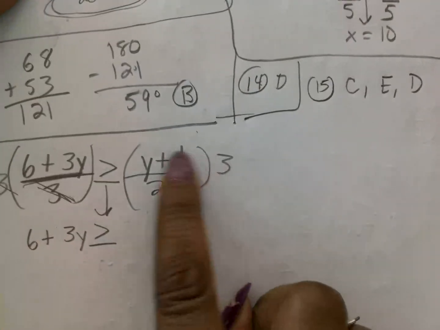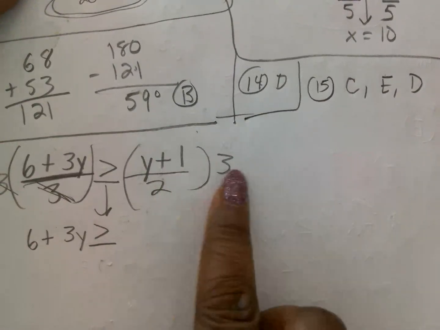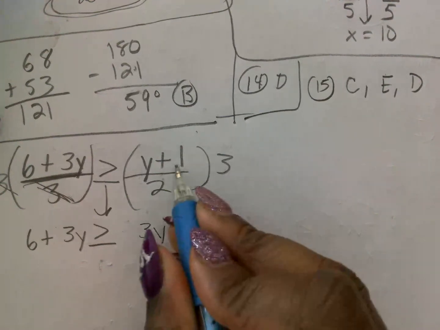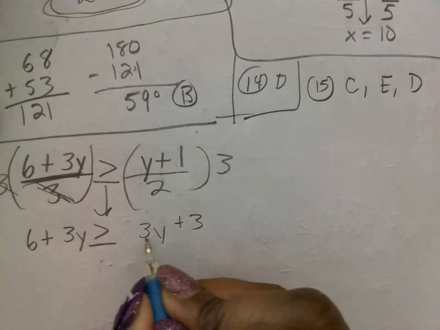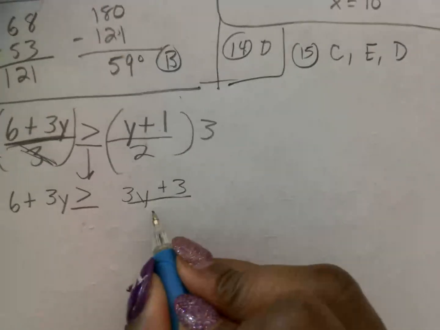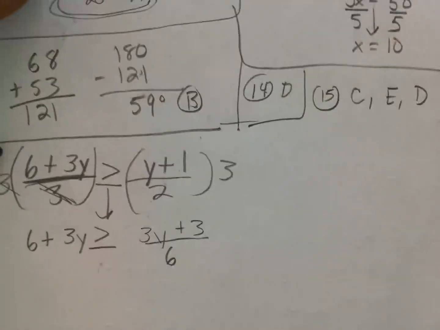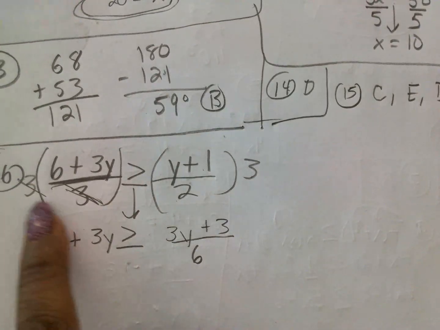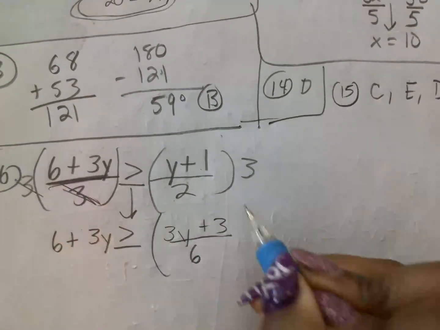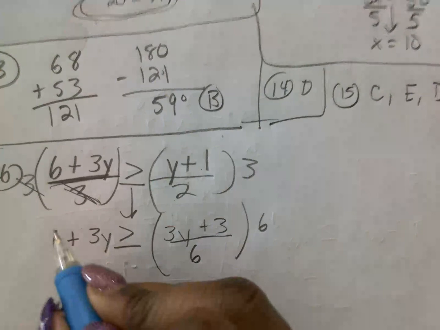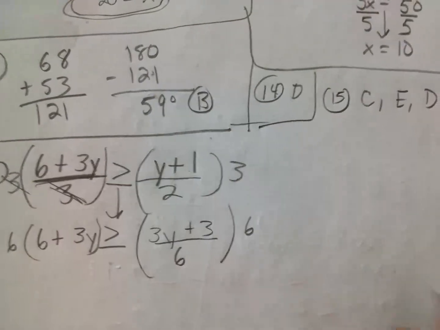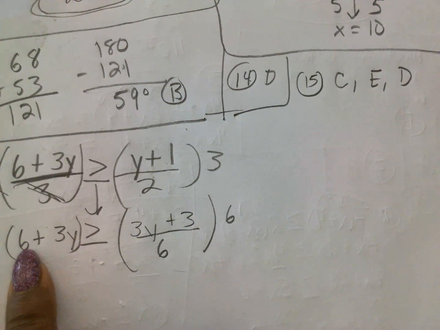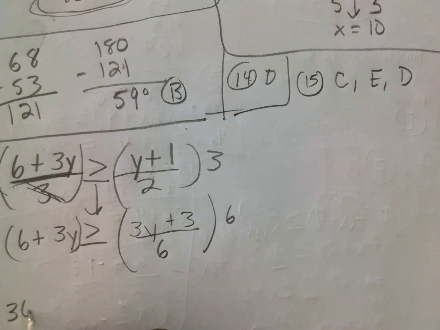Bring down the inequality. On this side, I'm multiplying everything in the parentheses by 3. So 3 times y is 3y. 3 times 1 is 3. 3 times 2 is 6. Now, in order to get rid of the 6, I'm going to do the same thing I did with the 3. I'm going to multiply both sides by 6. 6 times 6 is 36.